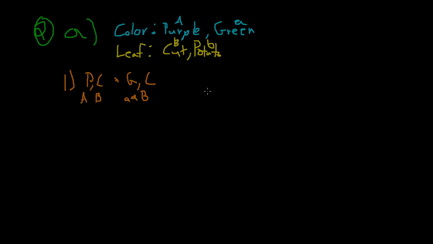Now we can look at the data. We see that for every single type of offspring, both purple and green, as well as both cut and potato, there's some range of offspring, and we see a pretty clear 3-to-1 ratio between cut and potato.